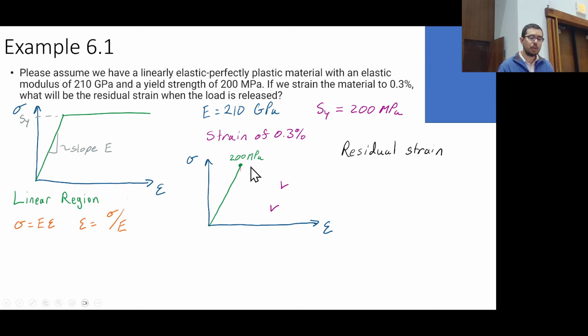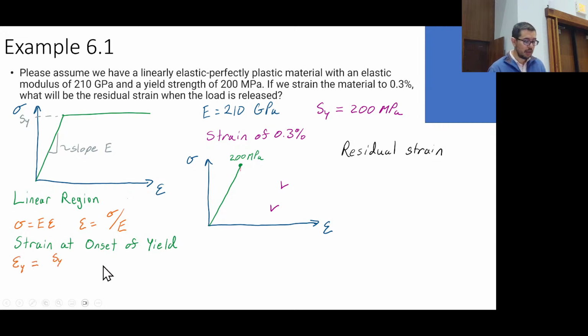Well, we know what the yield strength is, and we need to figure out the associated strain with that yielding. So we're trying to figure out the strain at the onset of yield. That is simply the yield strength divided by elastic modulus. I'm plugging in this 200 megapascals for the yield strength.